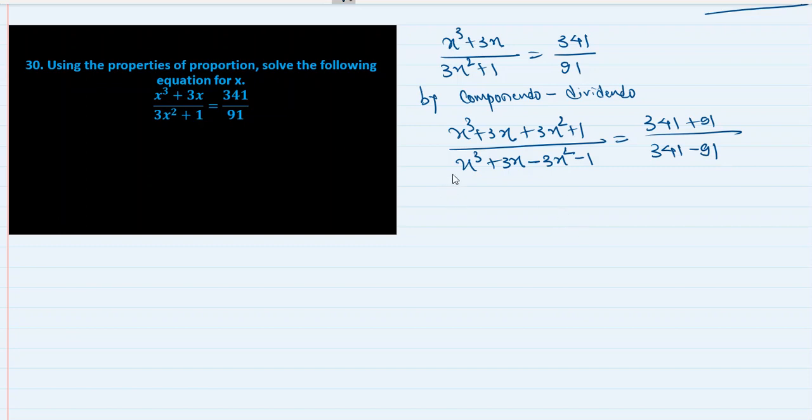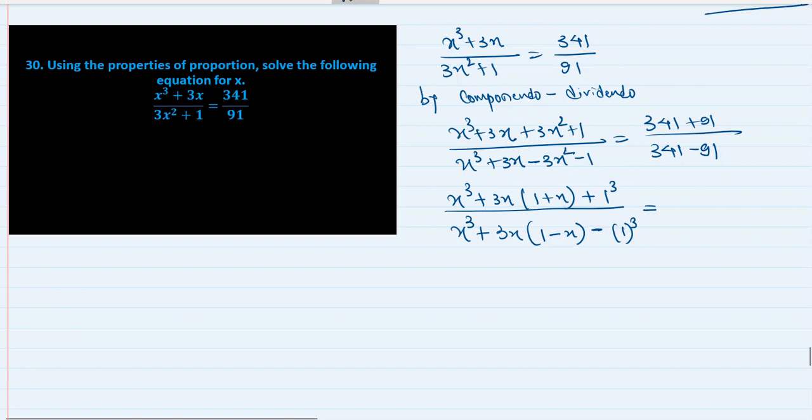Okay, now look at it closely. You will find a pattern here. x cube plus 3x bracket 1 plus x plus 1 cube, the whole upon, here you get x cube plus 3x bracket 1 minus x minus 1 cube. Okay, 341 plus 91.